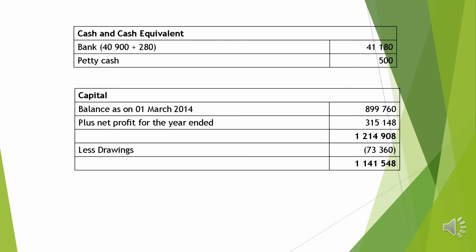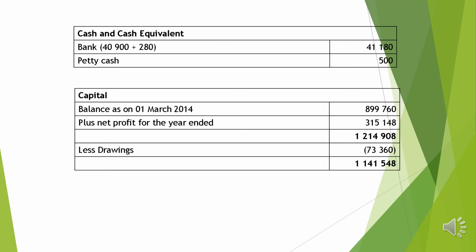41,180. Then petty cash as it is, because there is no adjustment in relation to it. If at the end of the financial year petty cash was increased from 500 to 1,000 rand, we would add this 500 so that we have a new balance of 1,000 rand.